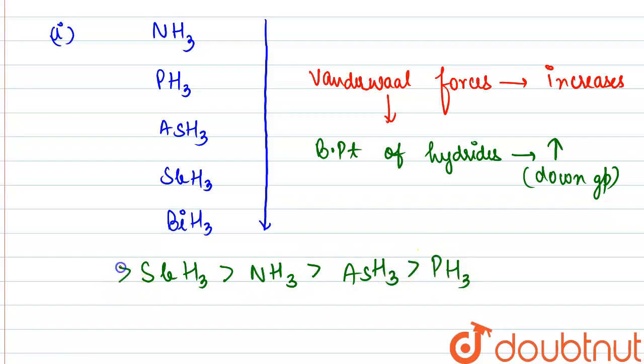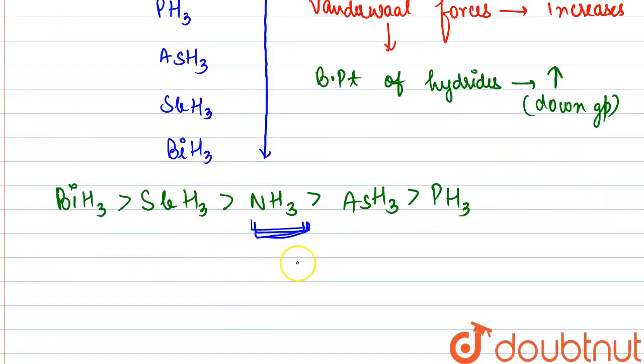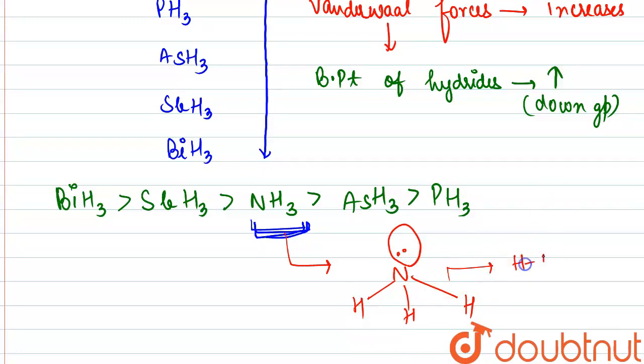Let's write this also for the concept understanding. Now, the order should not be this way, because ammonia should have the least boiling point according to the concept. But why are we keeping it in between? Because in ammonia, nitrogen is small in size and there is a large electronegativity difference between nitrogen and hydrogen atoms, because of which hydrogen bonding takes place in ammonia.